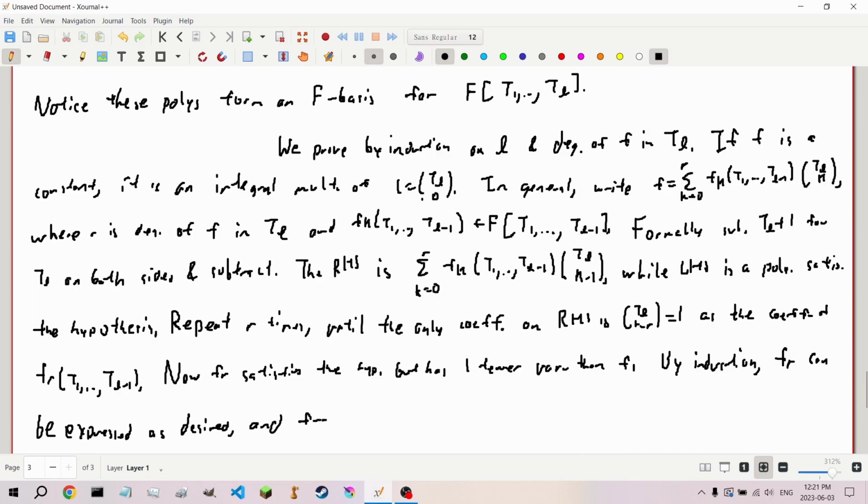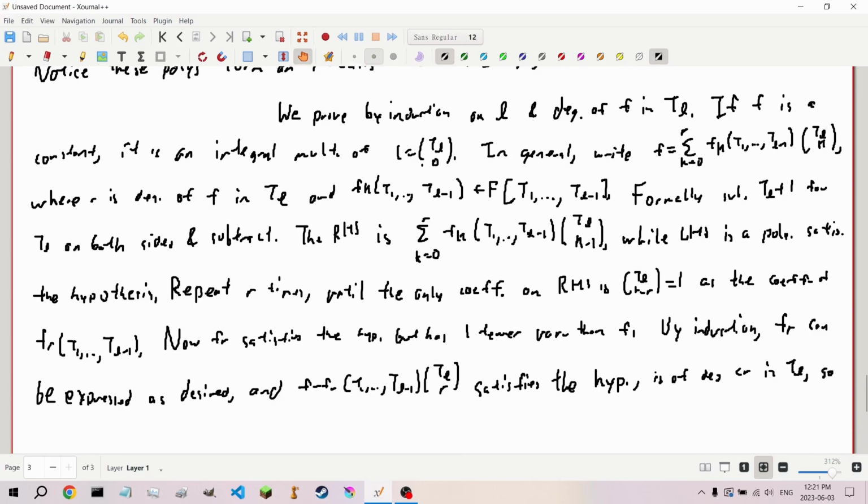And f minus f_r times t_l choose r satisfies the hypothesis, you can tell my hand is tired by how messy the writing gets, and is of degree less than r in t_l. So the induction completes.